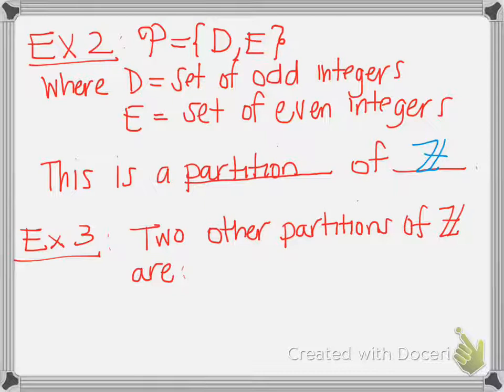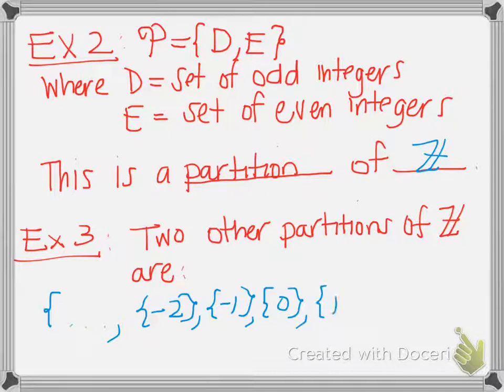Now, example 3: two other partitions of Z are, first, dot, dot, dot, the set containing -2, the set containing -1, the set containing 0, the set containing 1, and so on. That's a partition. And the other is the set containing the integers, so the entire set.